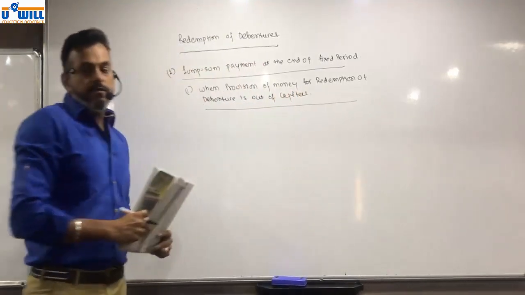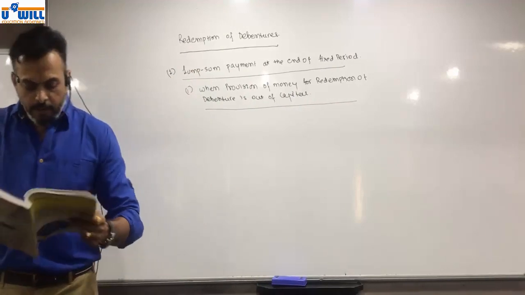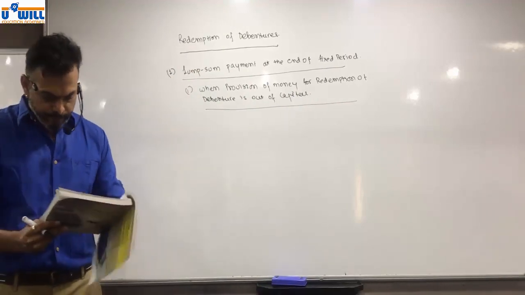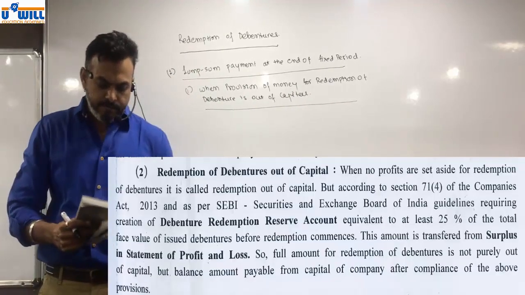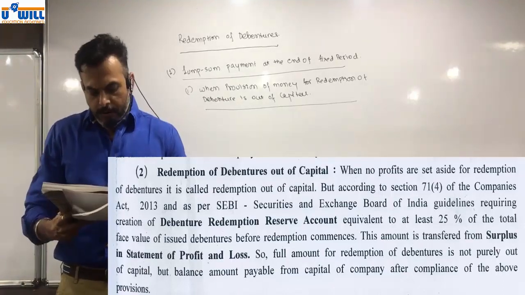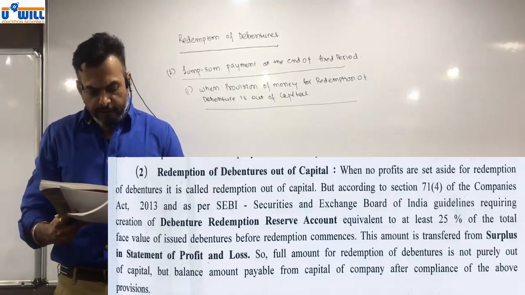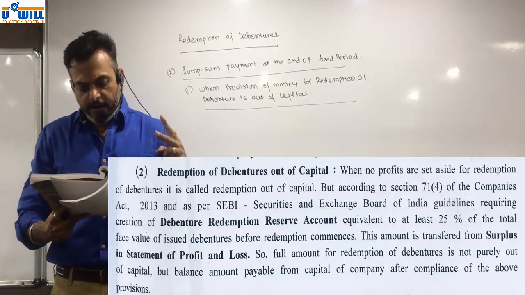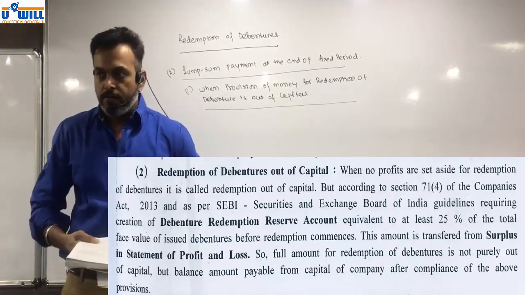This is the first method we are going to study. Come to page number 93. Now, over here, can you see the second condition, redemption of debentures out of capital?